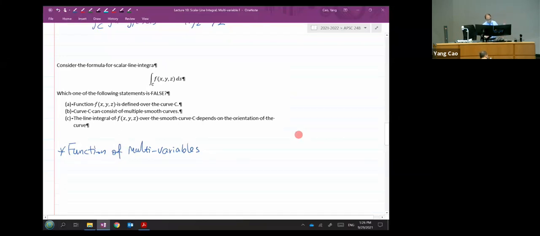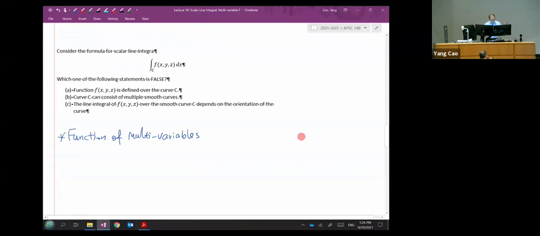The reason we're going to do this part is because we're going to talk about integrals over surfaces. We're going to talk about many other things related to multivariable functions. But multivariable functions, right, we have already dealt with them. And we also have to talk about their calculus. So how do we calculate derivatives of a multivariable function? And how do we calculate integrals of a multivariable function?